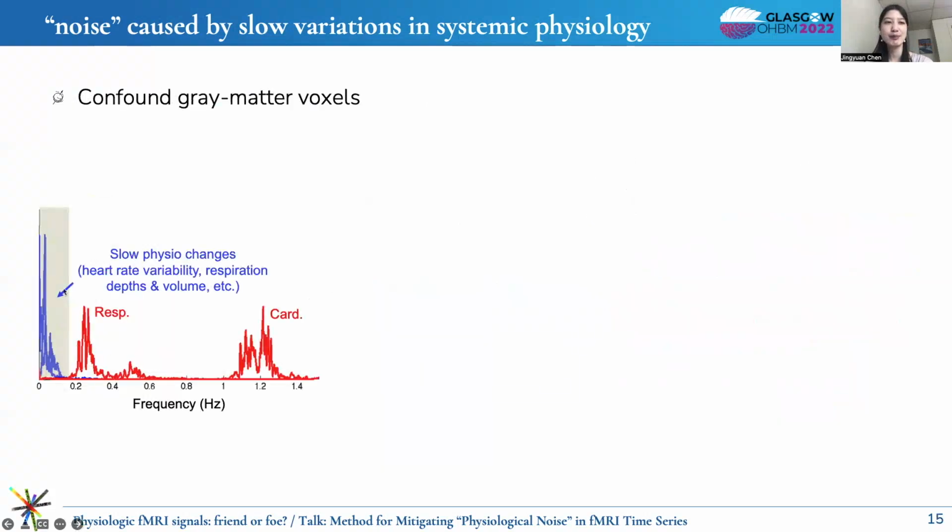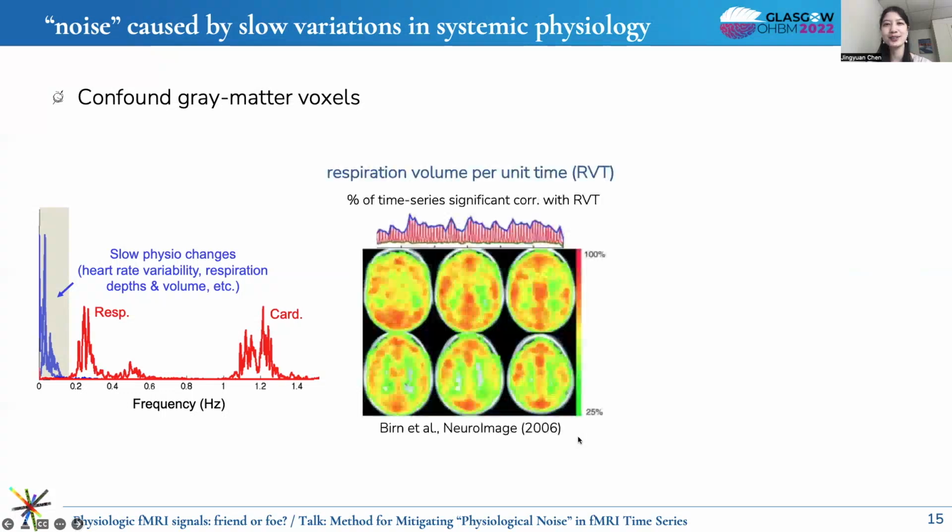So if you look at their spectrum, unlike the noise we introduced in the first section, they really overlap with this spontaneous brain activity. And if you look at the spatial patterns, they also confound the gray matter voxels. So for instance, this is a seminal study where they correlate the respiration volume per unit time, the blue curve here, the envelope of these respiratory traces, and it correlates to global fMRI signals.